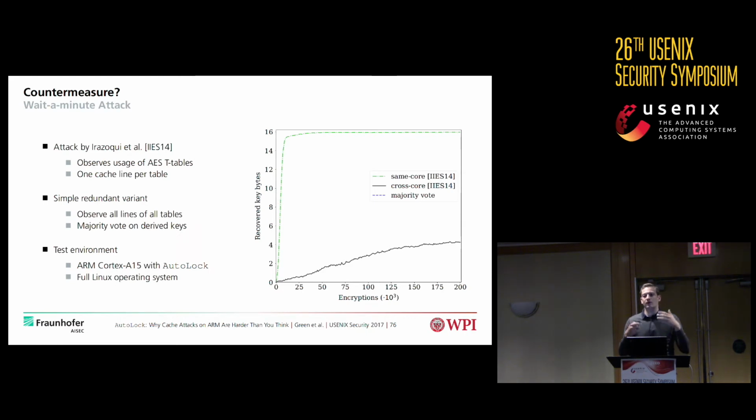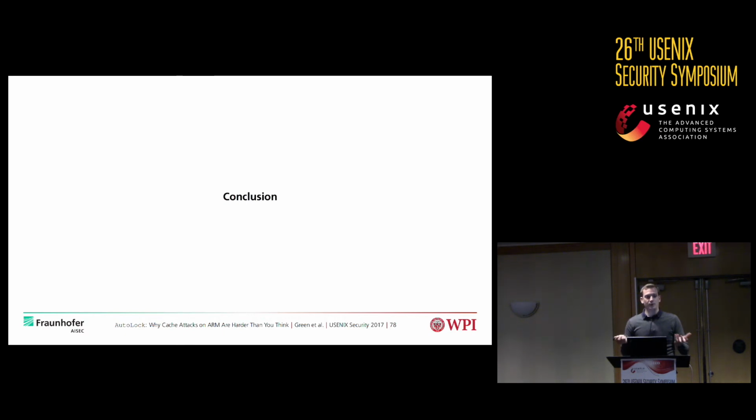But if we employ our redundant version of the cross-core attack, then we are again able to retrieve the entire key with similar efficiency as the same-core attack. This demonstrates that under certain circumstances, we're still able to launch cross-core eviction attacks even on systems with AutoLock. And that's to emphasize one more time that it is not a perfect or ultimate countermeasure against attacks. So this already brings me to the conclusion.